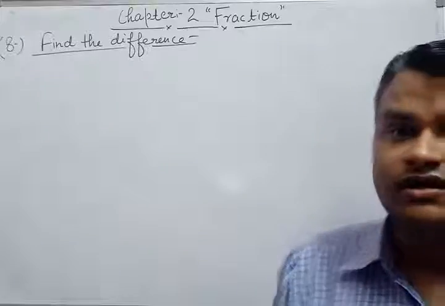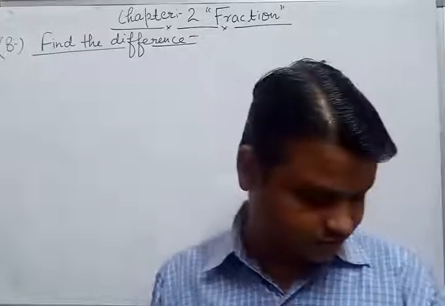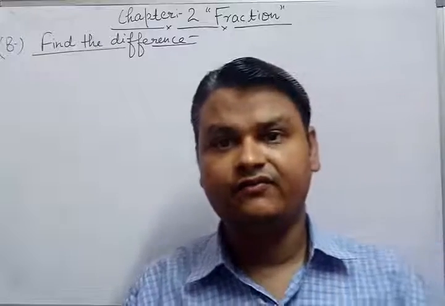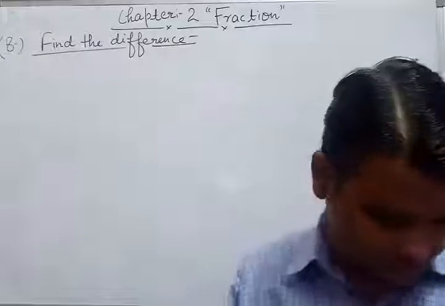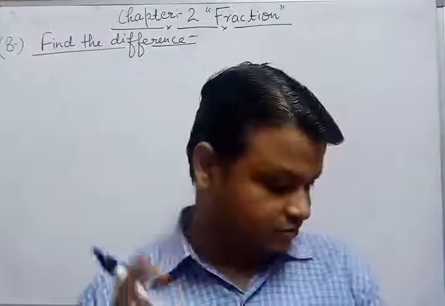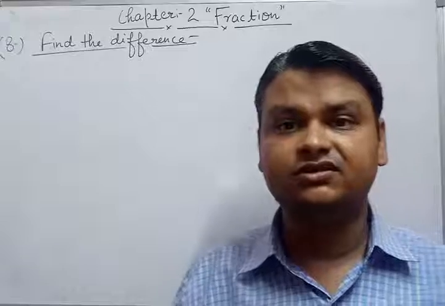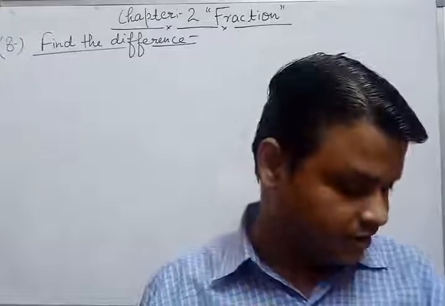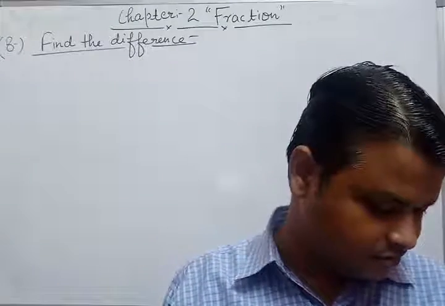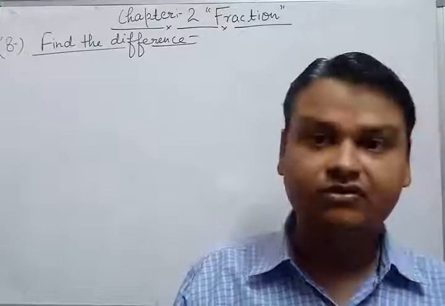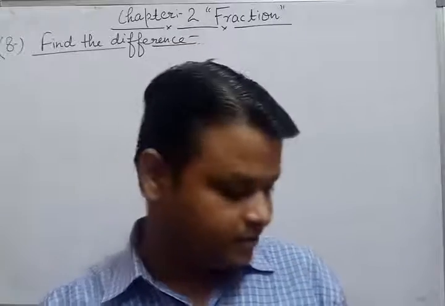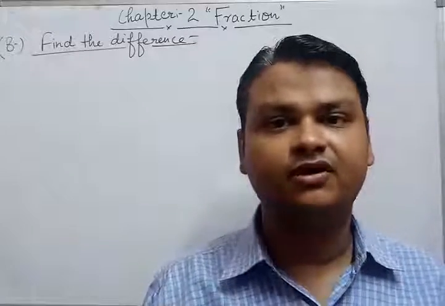Question number 7 is find the sum, and 4 questions are given and 1 has been solved. So it is your duty to solve the remaining parts, B, C and D, by yourself.